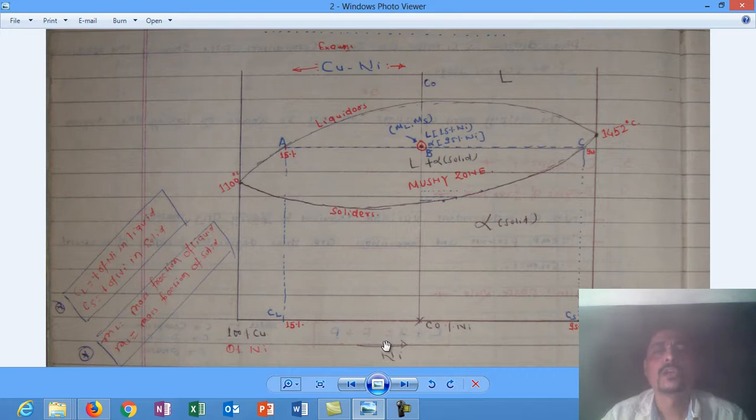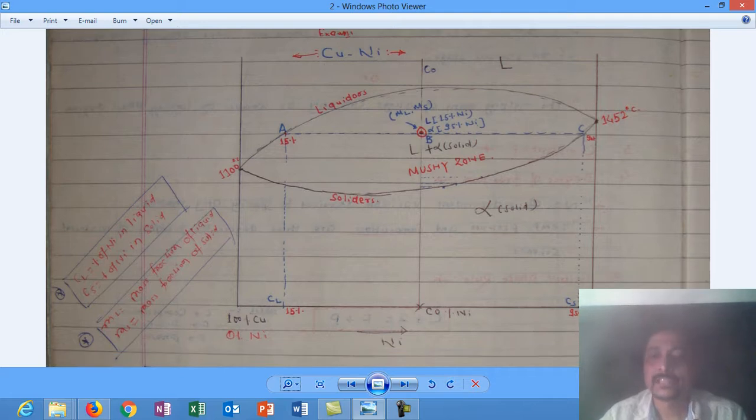So what we are observing here is that at this point the percentage of copper is 100% and the percentage of nickel is 0%. As you move from left to right, the percentage of copper decreases and the percentage of nickel increases.